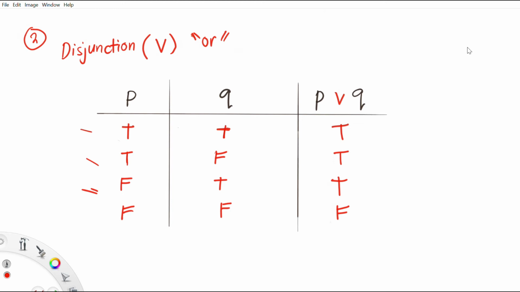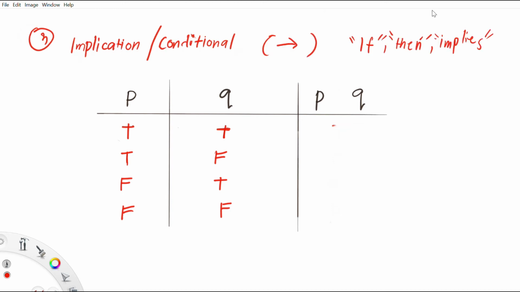The implication slash conditional. This proposition, which is also called the conditional proposition, is a proposition which is a result of combining a hypothesis or antecedent to a conclusion or consequent in the form if then, implies.